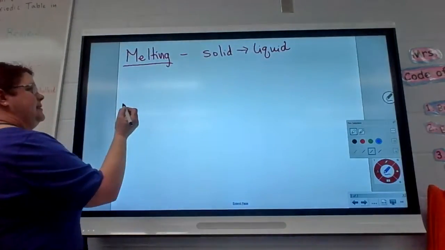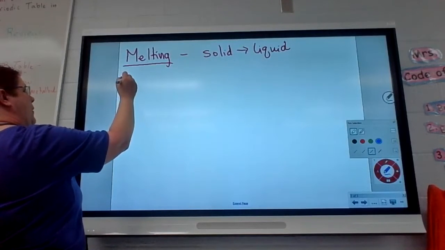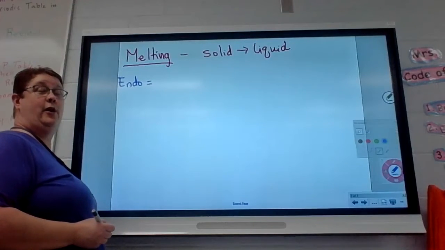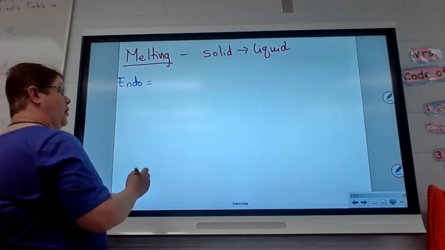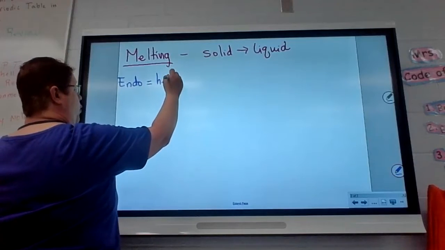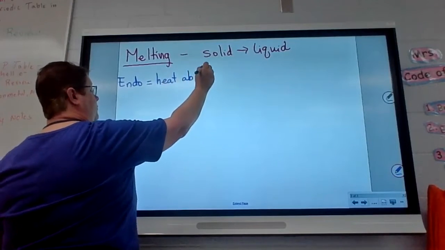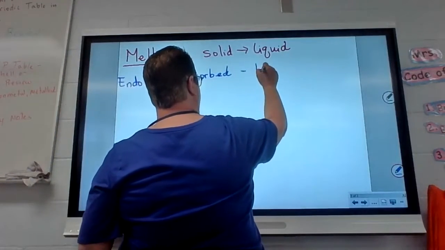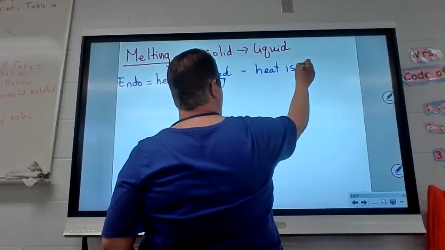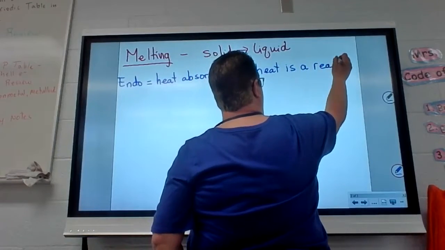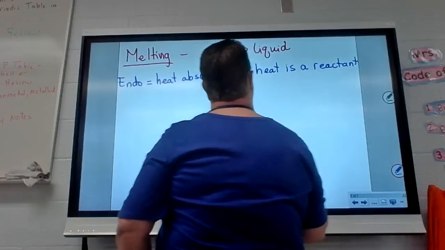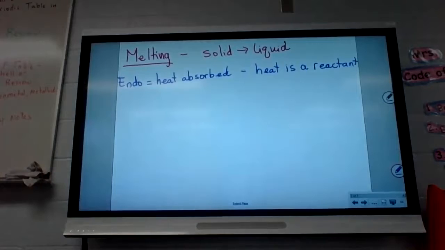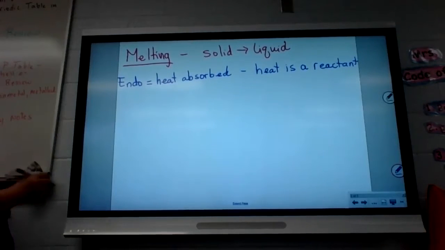Out here to the side, let's make sure everybody's on the same page. Endo means what again? Endo means heat is absorbed. If heat is a reactant, it means we're endothermic.